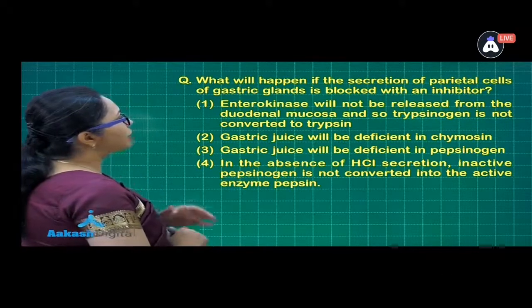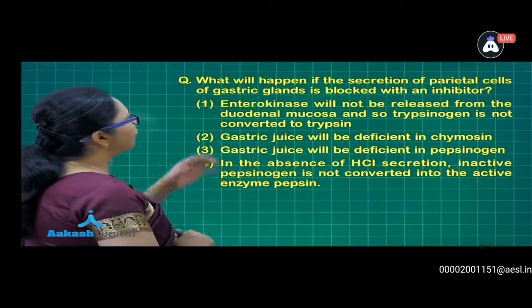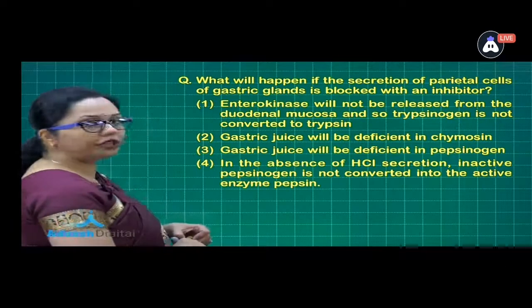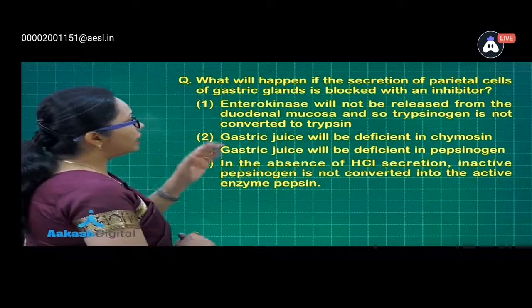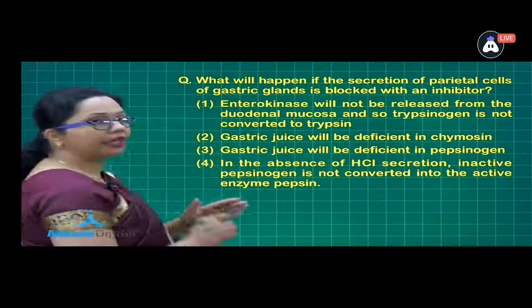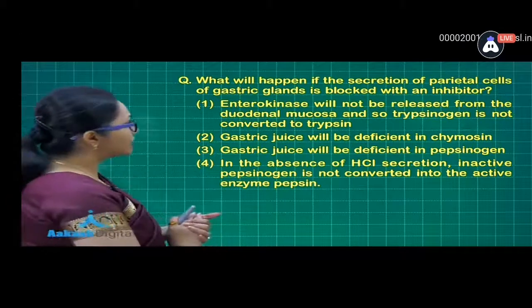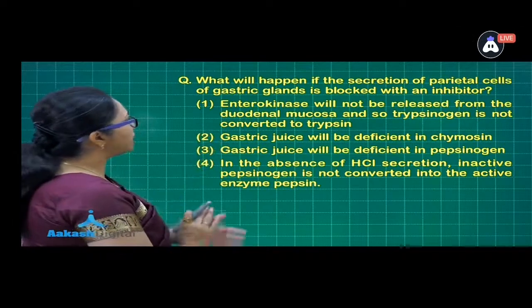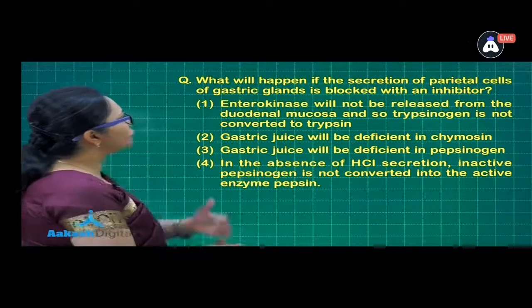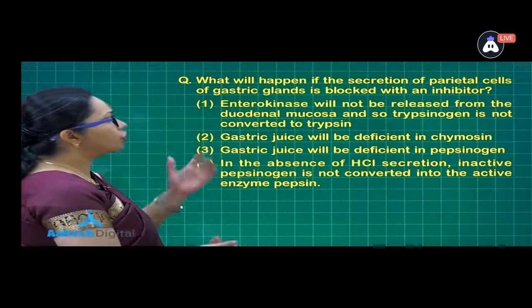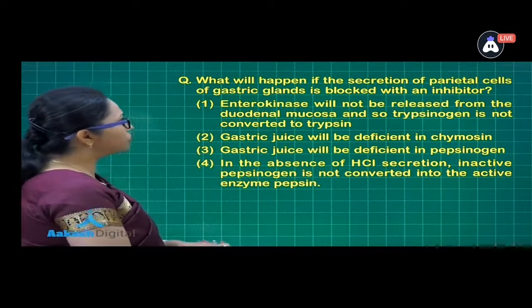What will happen if the secretion of parietal cells of gastric glands is blocked with an inhibitor? Parietal cells, as we know, secrete HCl and Castle's intrinsic factor, and if that is inhibited, what happens? The first option says enterokinase will not be released from the duodenal mucosa, and so trypsinogen is not converted to trypsin.